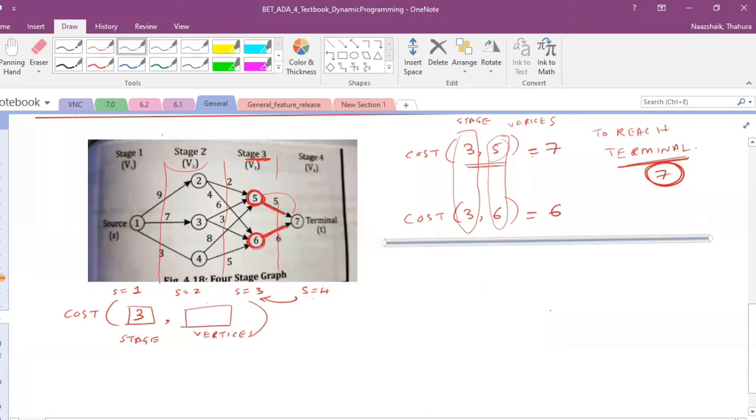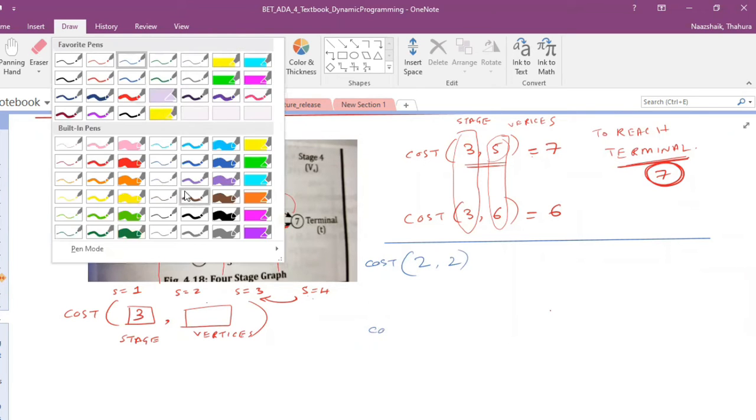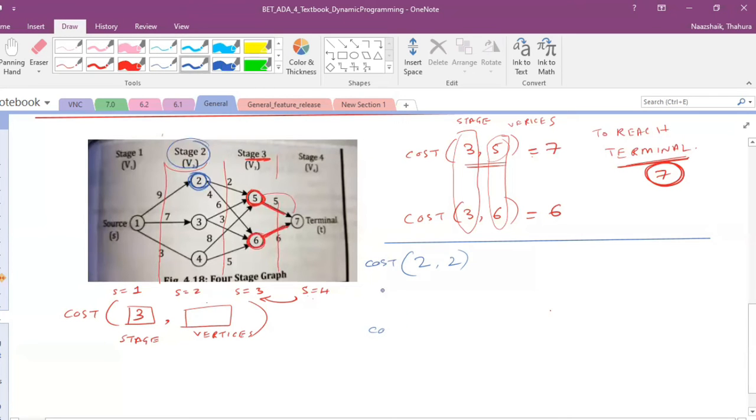Now we have to calculate stage 2, right? So we have to try basically all the vertices. So how will you do this? You have to find the cost from stage 2. Let's pick the vertex 2. So basically cost from stage 2, and here vertex is 2.